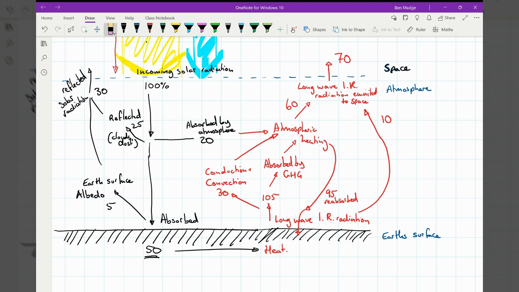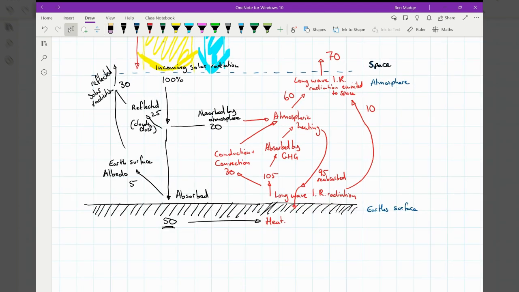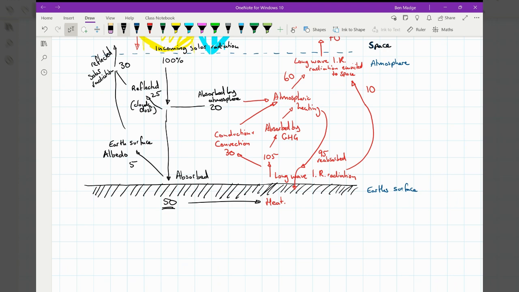So the natural greenhouse effect is something that happens without any human interaction. It's been going on for a long time.